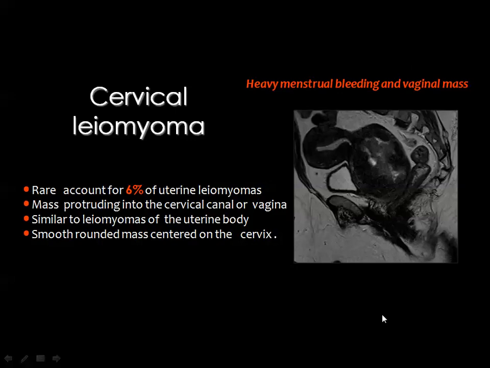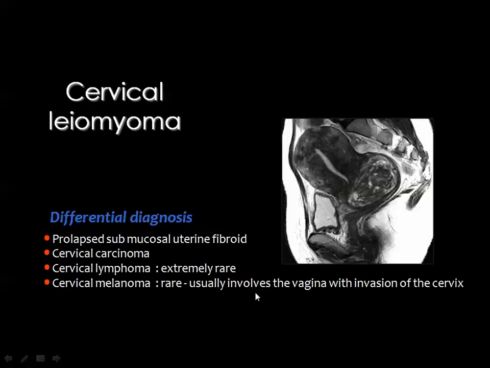Cervical fibroids or leiomyomas, the incidence is about 10 or 6% of the uterine fibroids. They will have the same imaging findings similar to the leiomyomas arising from the body of the uterus. And they are liable for the same degenerative changes affecting the uterine myomas.